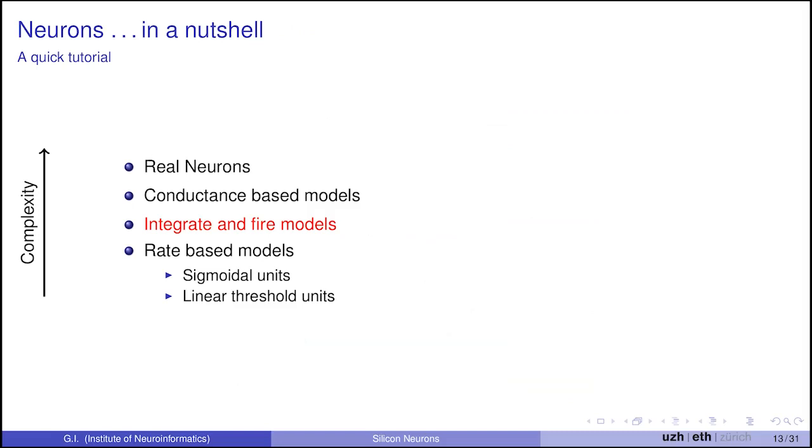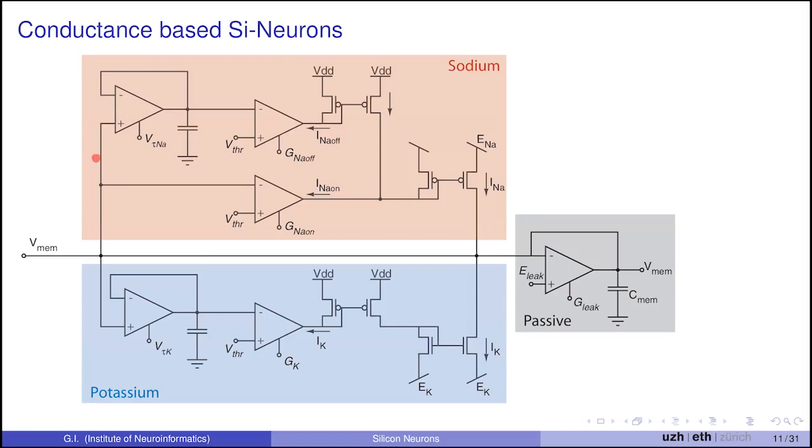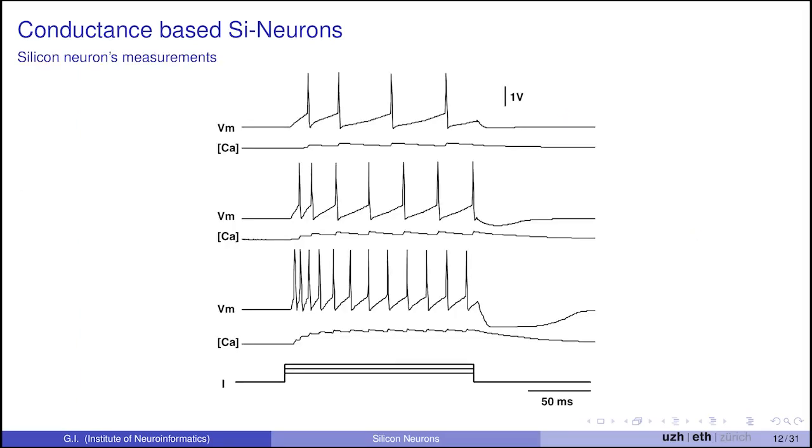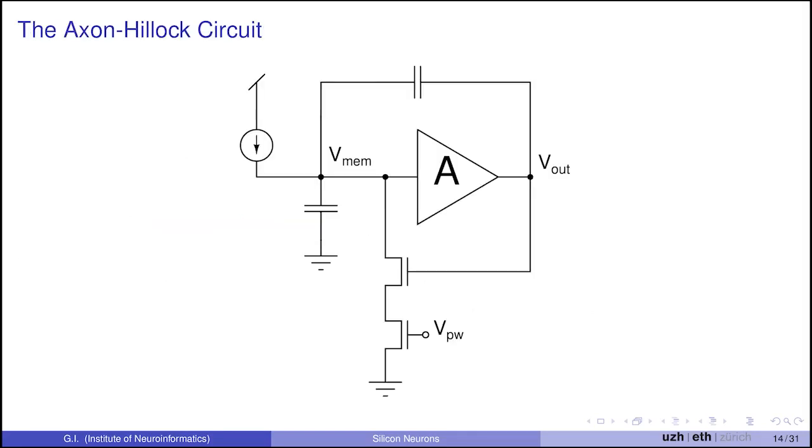So I want to show you this axon-hillock circuit that is the opposite side. Whereas this is one of the most complicated circuits that one can design to implement silicon neurons, the axon-hillock is one of the most simple circuits. So we see the two extremes, and then we will finish the lecture by seeing something in between. So the axon-hillock circuit is this one.